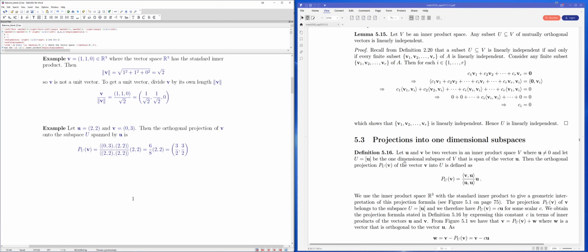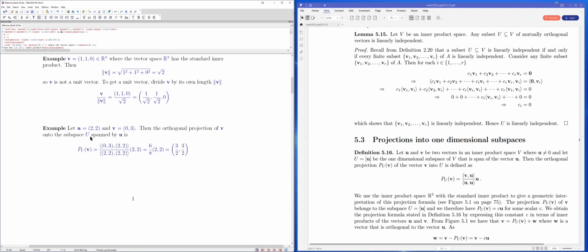Okay, so let's see an example of using this projection formula. We want to project v, which is (0, 3), into the direction specified by the vector small u, which is (2, 2). So you want to project into the subspace spanned by the vector (2, 2).